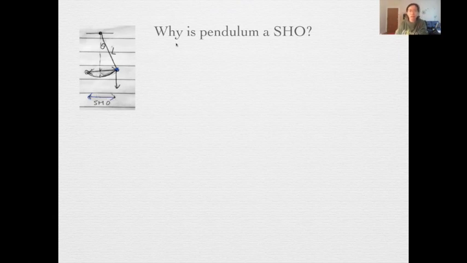To prove that this is a simple harmonic oscillation, we need to come back to the definition. The definition of a simple harmonic oscillation is that when I move the object away from the equilibrium point, it experiences a force, and that force is proportional to negative times the displacement.